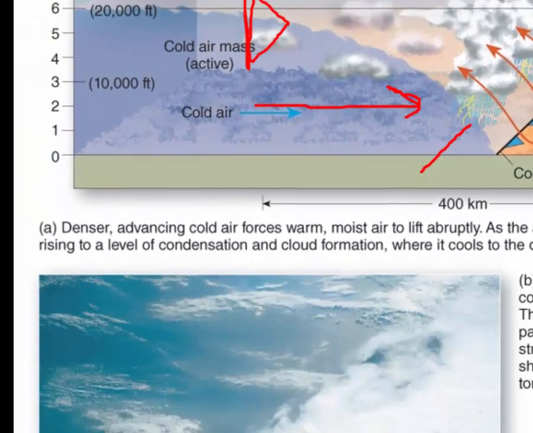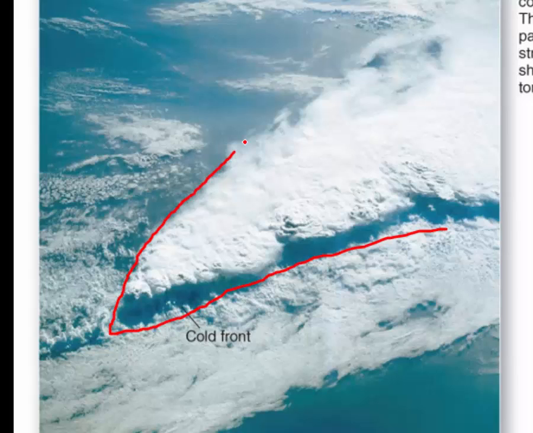This is what it looks like from satellite imagery. You can see a very distinct wall of cold air pushing into an area of warm, moist air. The clouds have great vertical development.